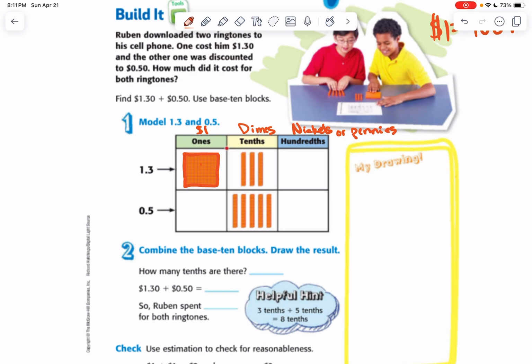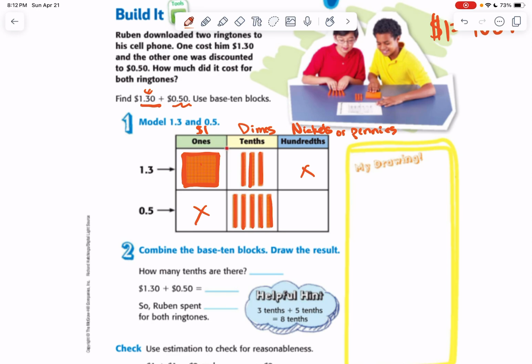First of all, we're going to model $1.30 by putting 1 whole, a hundreds block, and 3 tenths, 10, 20, 30. And are there any hundredths? Nope. And then we'll model the 50 cents, no wholes, but we have 5 tenths, 10, 20, 30, 40, 50.